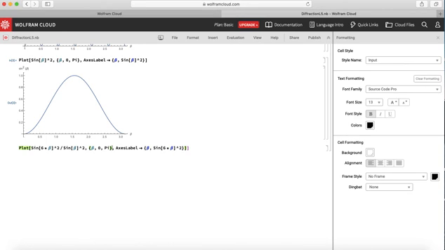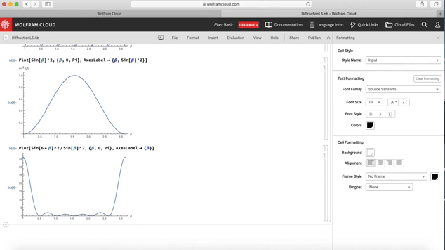Beta varies from 0 to pi, and I just would like to label the x-axis. This I will remove from here. Shift enter. Yeah, very nice.